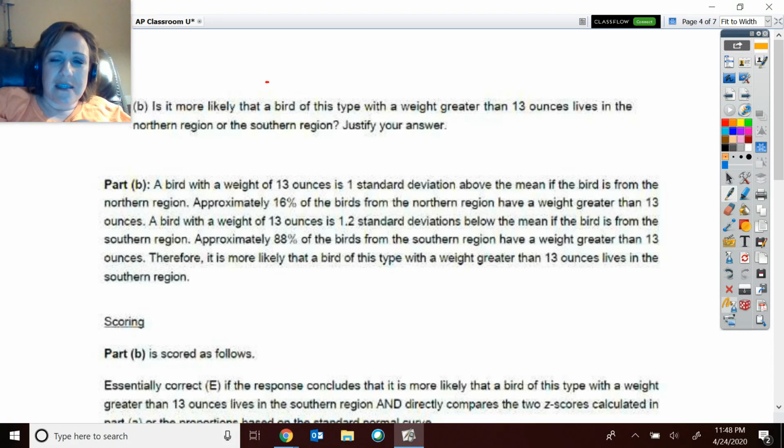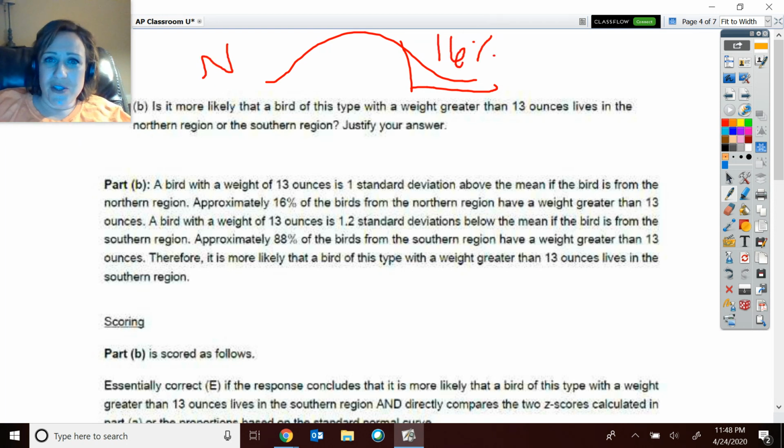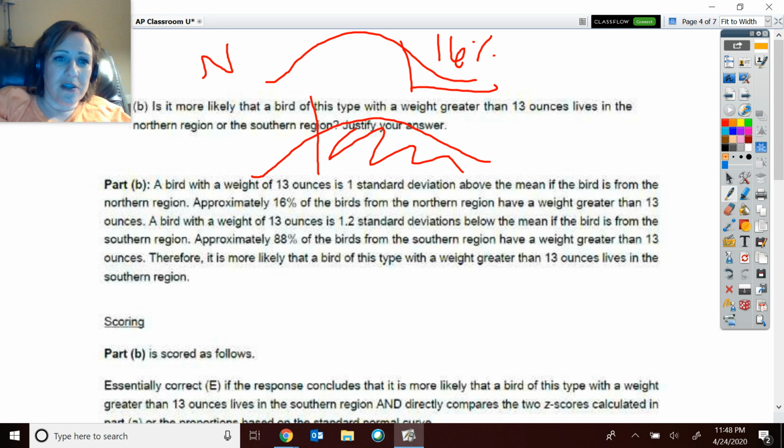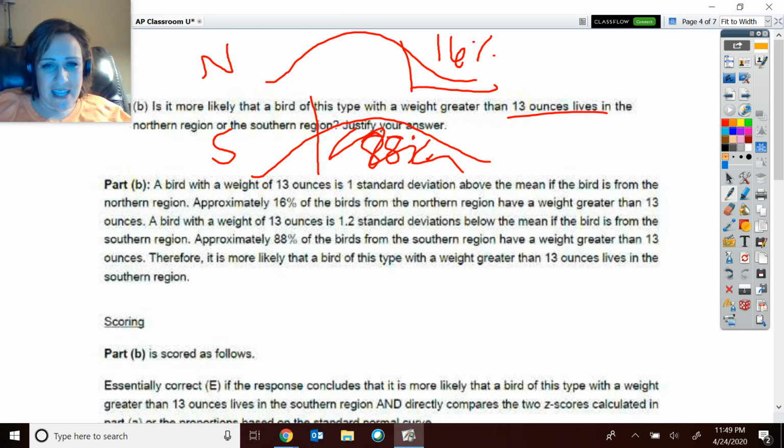A weight in the northern greater than 13 is only 16% of birds. Okay, in the southern, a weight of 13 or greater is 88% of birds. That's the key.